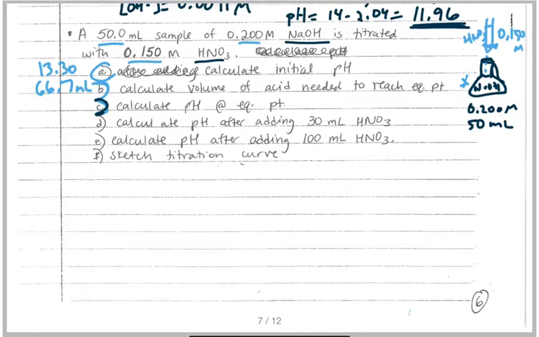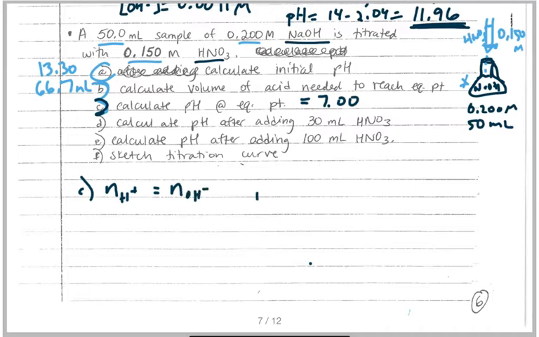We were calculating the pH at the equilibrium point, which we technically don't even have to do for this problem, because for a strong acid and a strong base, the pH at the equilibrium point is always going to be 7. The definition at the equilibrium point is that the moles of hydrogen equal the moles of hydroxide.